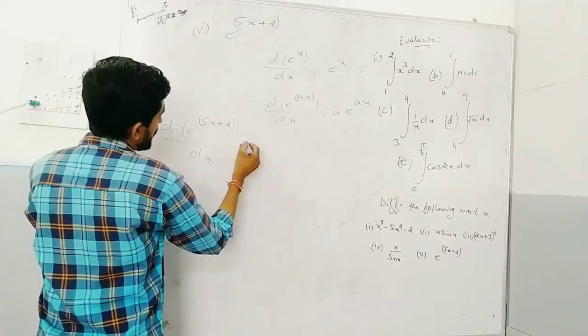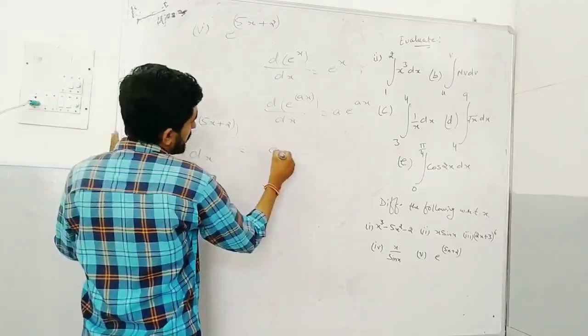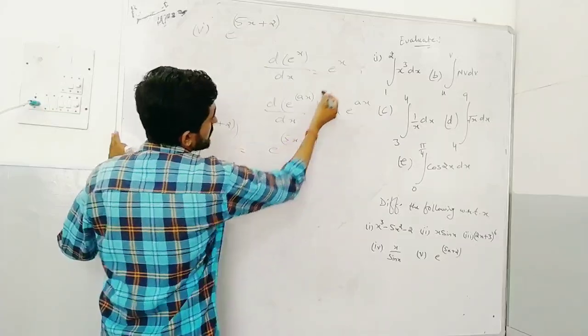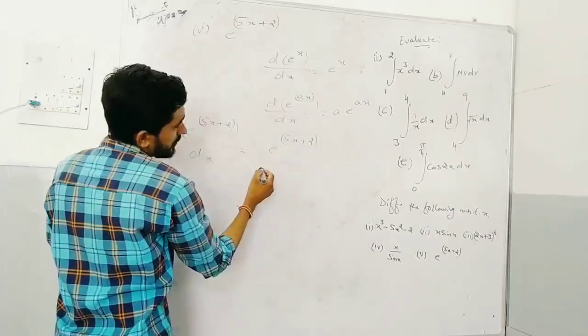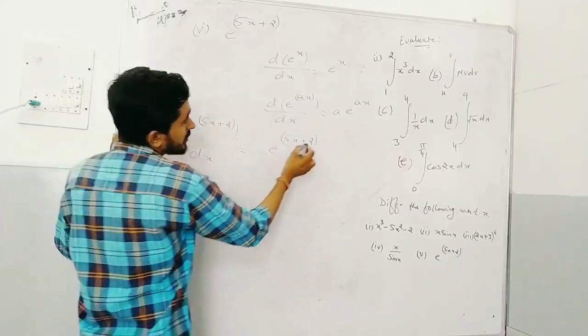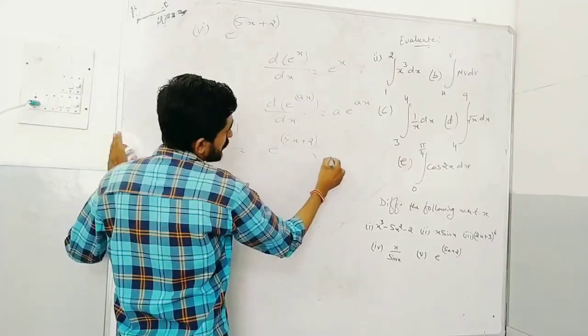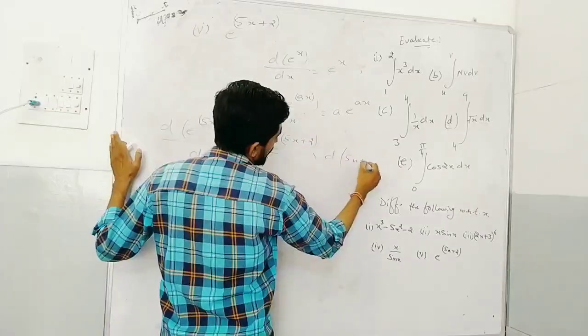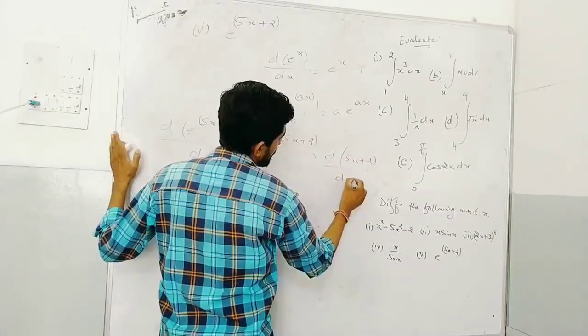Upon dx, what does this give? e raised to the power 5x plus 2 as it is, but in this formula we have x, so we have to differentiate with respect to x, 5x plus 2 upon dx.